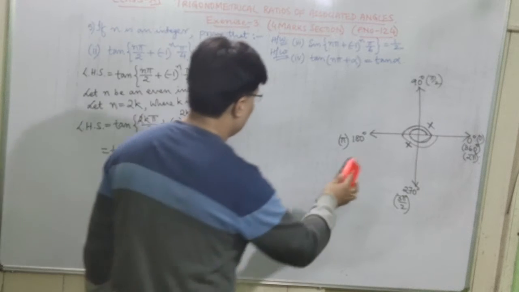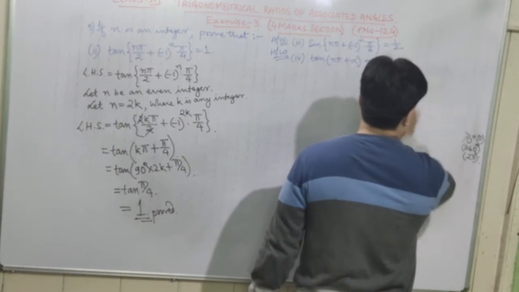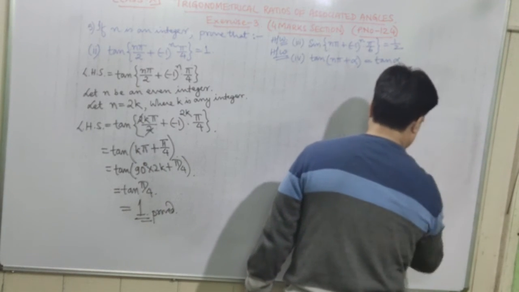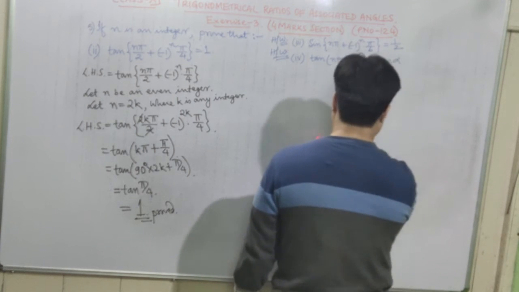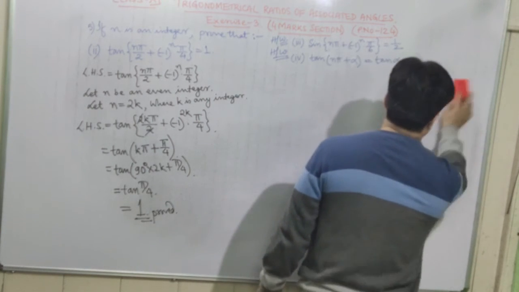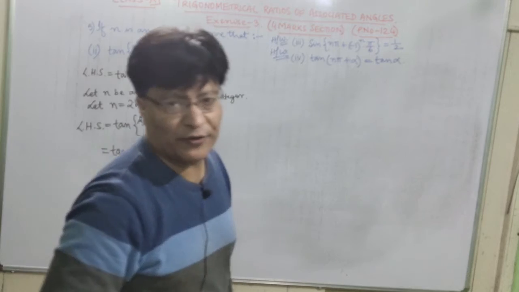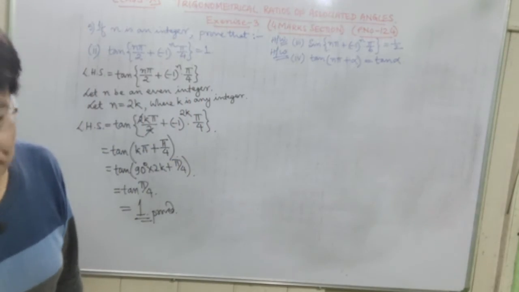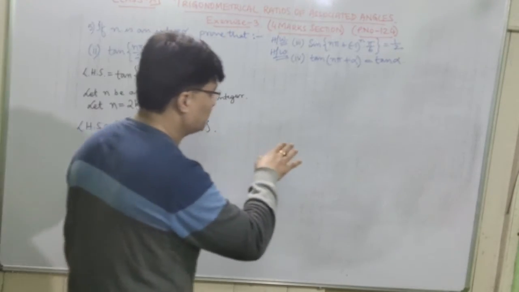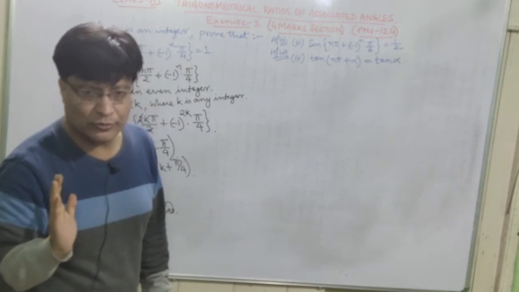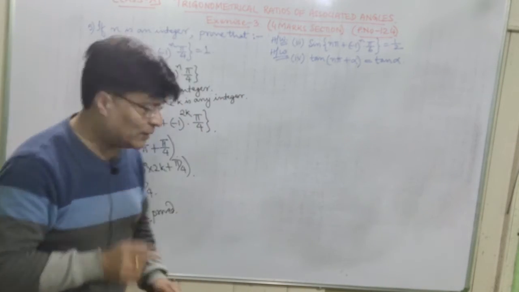Okay? Now, actually you don't have to draw the figure. Just try to understand it. Okay? So I am drawing the figure in order to explain to you. Okay? I think you have understood that figure. Okay?